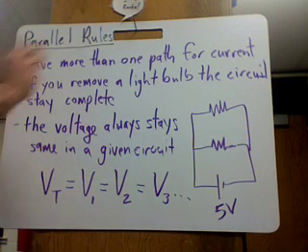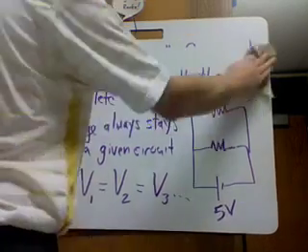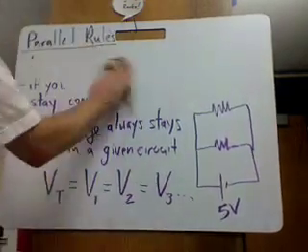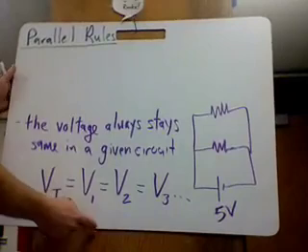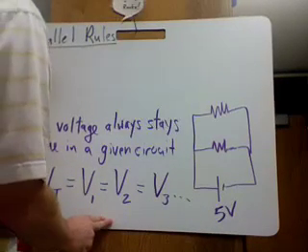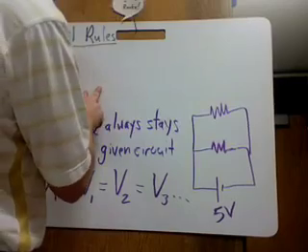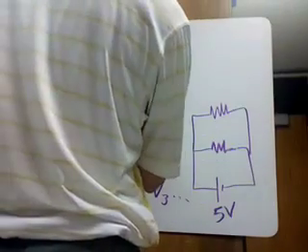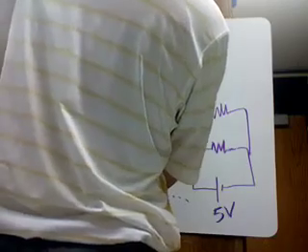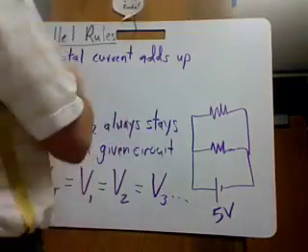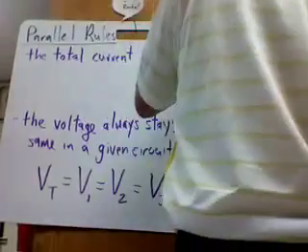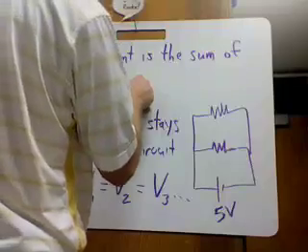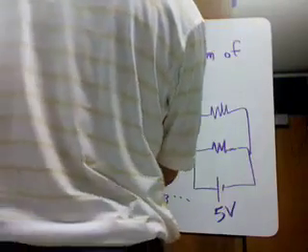With a parallel circuit, the total current adds up. The total current is the sum of the individual currents.